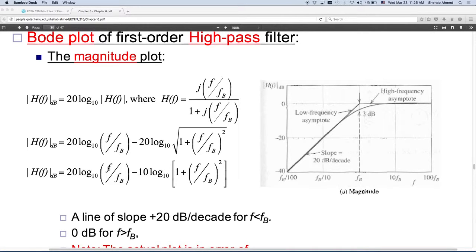Log base 10 of a very small number, say 0.1? Minus 1. So it's a negative number. You multiply by 20 and it will still be a negative number, and then you do this.